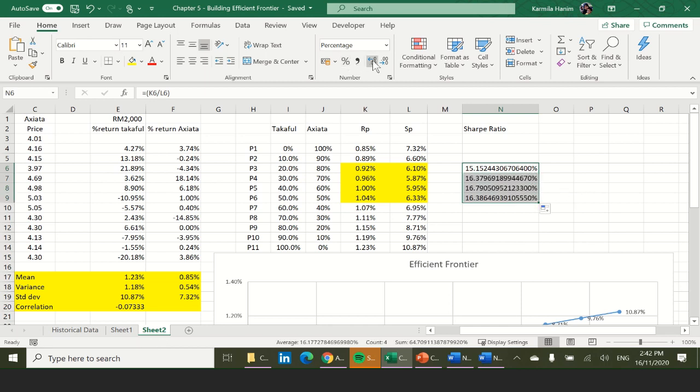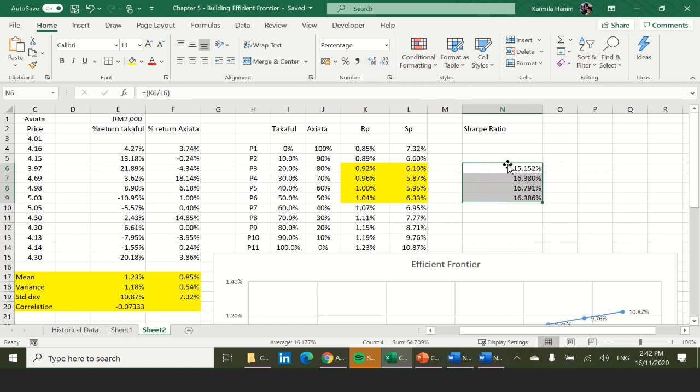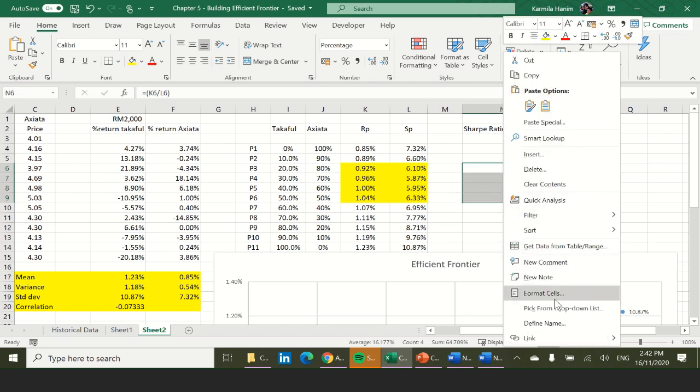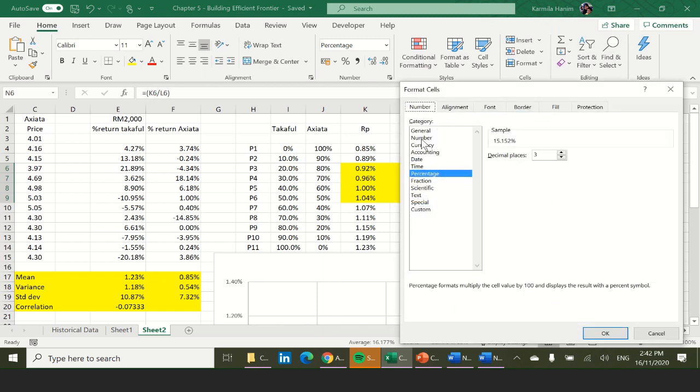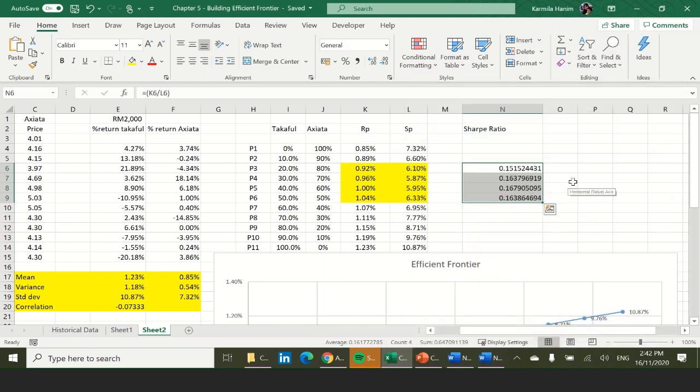Okay. And we shall change the format here because it is not in a percentage form. We don't read Sharpe ratio in a percentage form. Okay. So we change the format here.